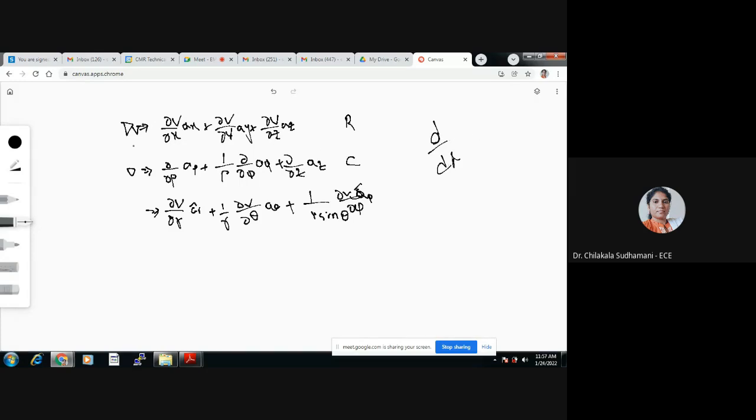But here, if this operator is used, it will differentiate with respect to three coordinate parameters. That is the only difference. If you use simple differentiation, it is for one parameter only. If you use the operator del or gradient, it is differentiation with respect to three parameters.